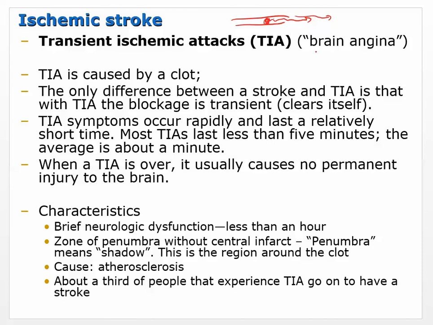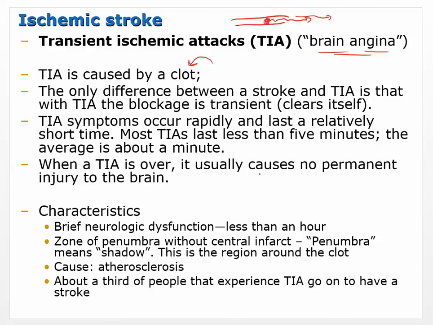I don't know, brain angina, I've never heard it called that, but that's what the book says. So transient ischemic attacks, TIAs, are caused by a clot, so same thing as an ischemic stroke. The only difference between an ischemic stroke and a TIA is that with TIA, the blockage is transient, it clears itself, and it lasts less than 5 minutes.